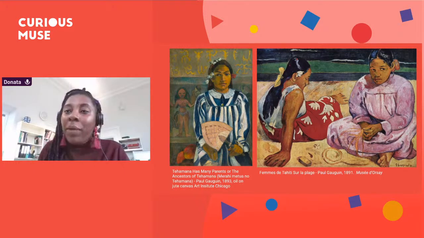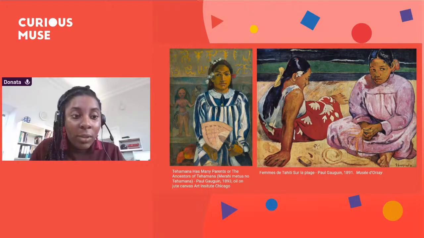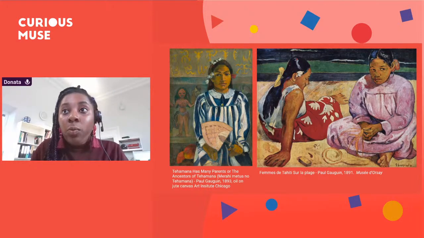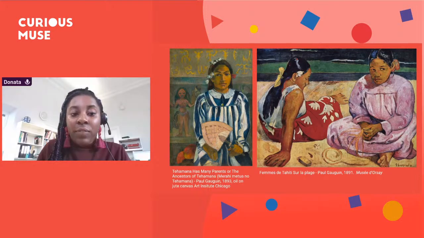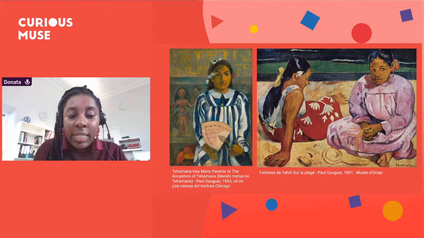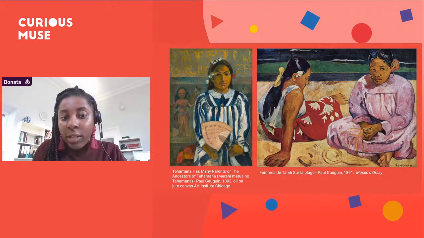The portrait on the left is of Paul Gauguin's wife, Tehamana, during his first visit to Tahiti in 1891 to 1893.